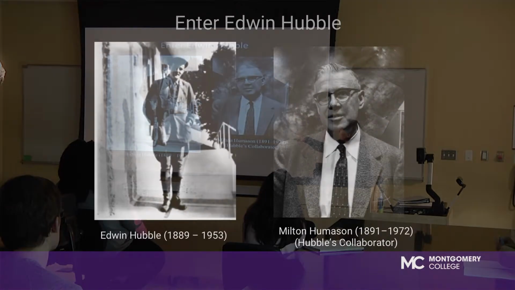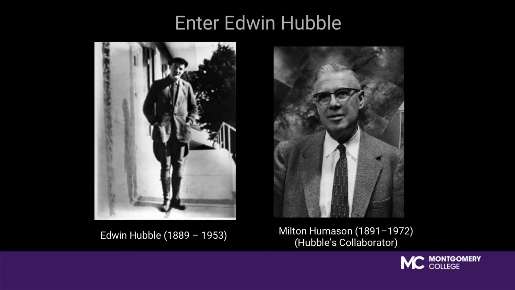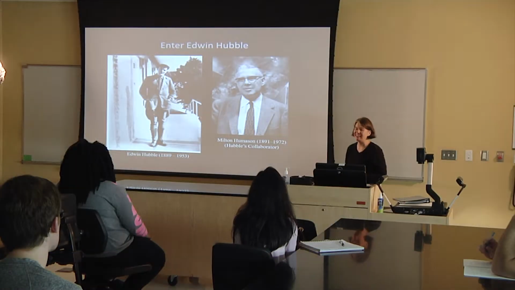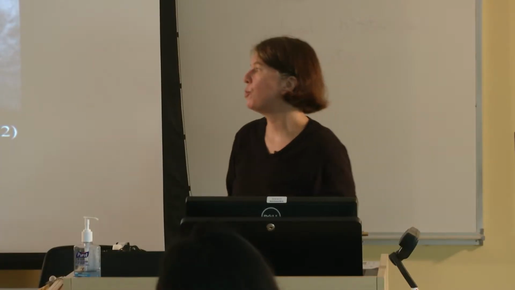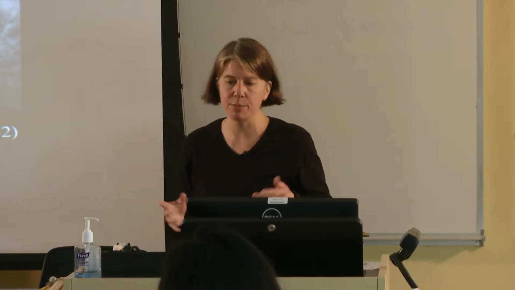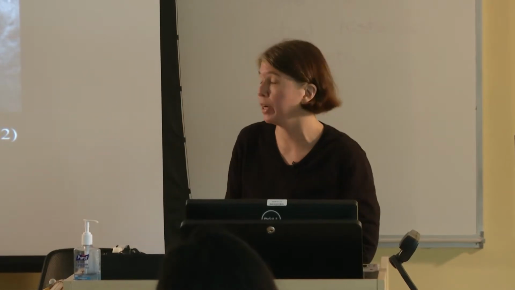That evidence came from Edwin Hubble and his collaborator, Milton Humason, who doesn't get a lot of credit, but he's an interesting guy. He dropped out of school in the 8th grade, but he's just like one of these naturally brilliant people. And he ended up working for the observatory that Hubble did his observations at, the Mount Wilson Observatory in California.